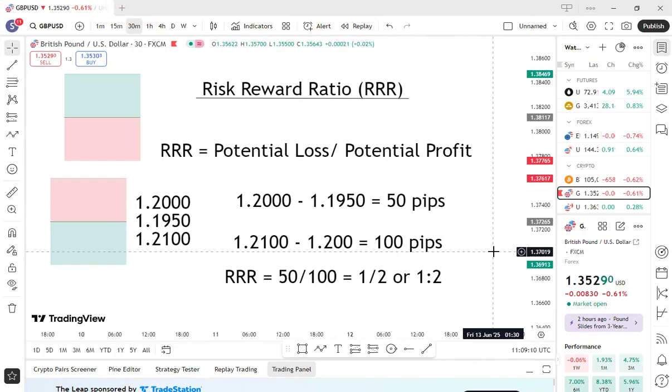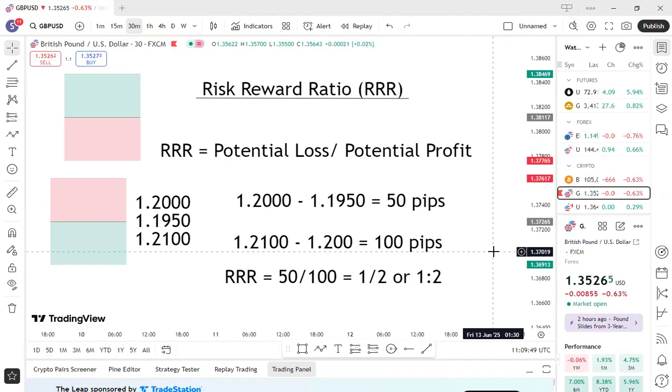Because it will help you decide if a trade is worth taking, and it will help protect your account from low probability setups.